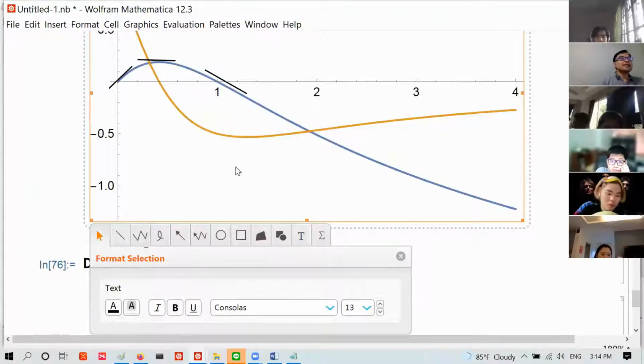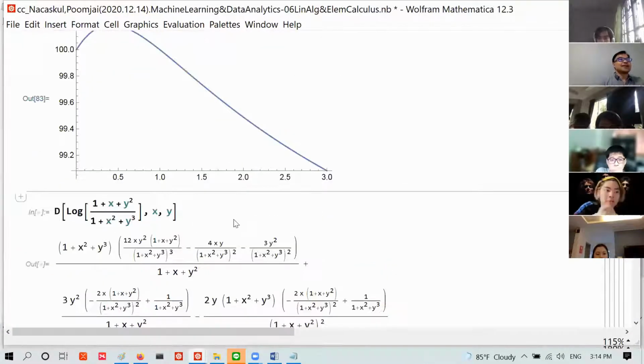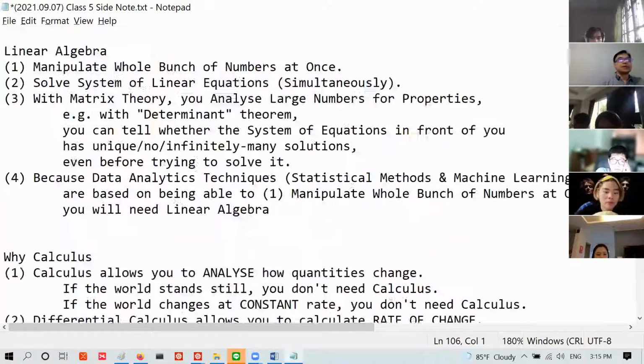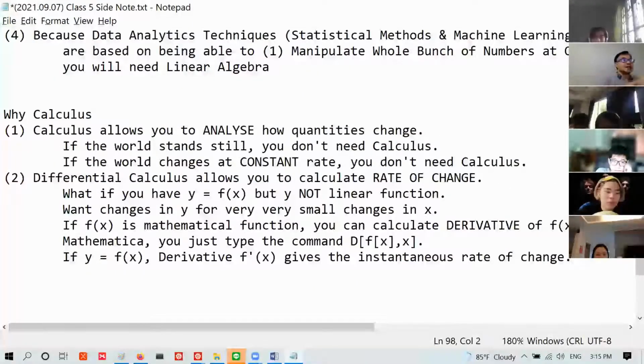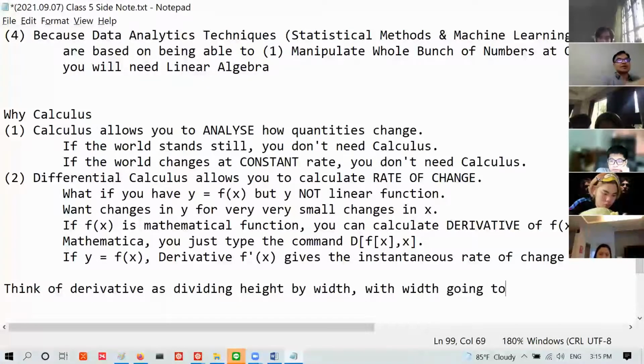What is finding a derivative? Finding a derivative is like division, right? You take the height, divide by the width, but you make the width small. Think of the derivative as dividing height by width, with the width going to 0.